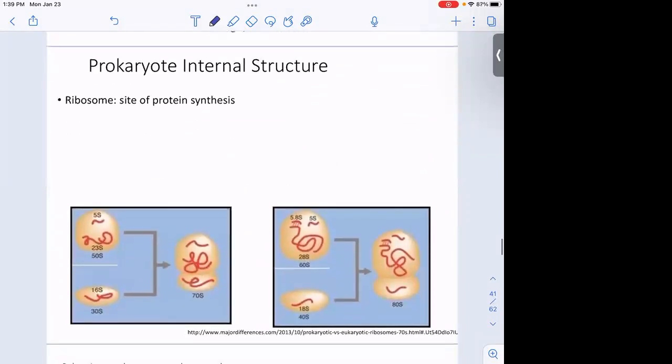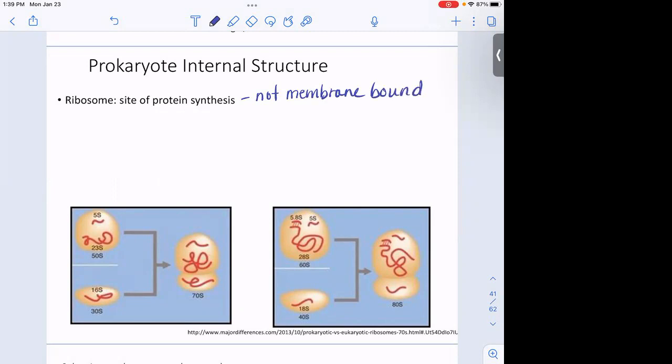All prokaryotes as well as eukaryotes are going to have ribosomes. So I thought, let's just talk about both the prokaryotic form and the eukaryotic form together here. Remember, I mentioned that this is a site of protein synthesis. We'll talk more about that later. Also, I mentioned that these are not membrane bound.